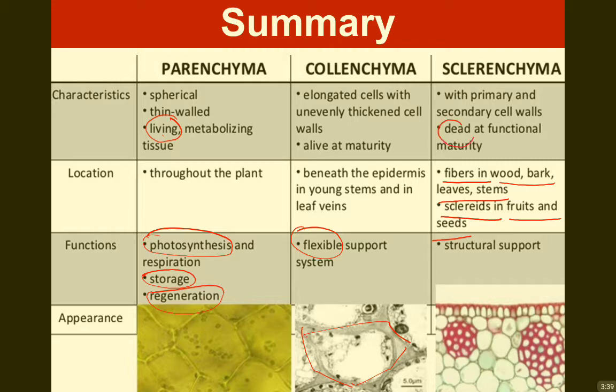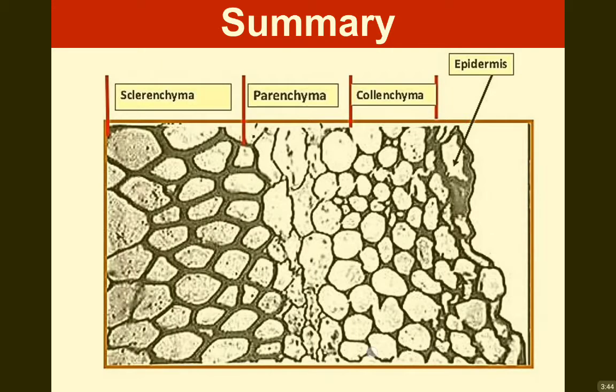It is a dead cell, so it provides structural support for the plant. So when you see the diagram that the cell wall is thick but unevenly thickening at the corner, this is collenchyma. Parenchyma, the cell wall is only thin. So this one, no doubt, is parenchyma. For sclerenchyma, you can see the cell wall is thick and even.